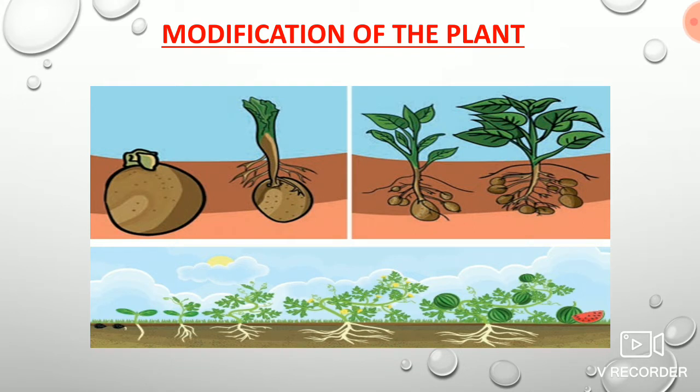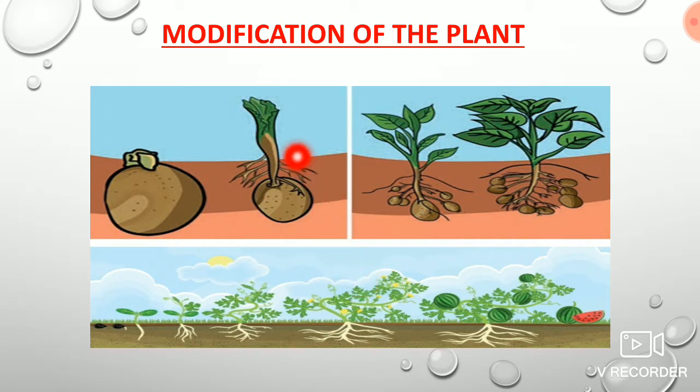Modification of the plant. Germination is the process of seeds developing into new plants. This picture shows that a watermelon plant is produced from seeds. Actually, seed is a reproductive organ.